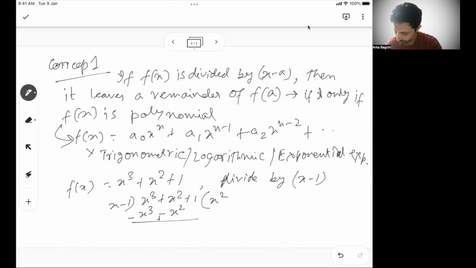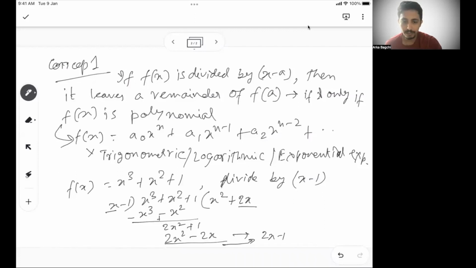With a minus sign, it will become 2x square plus 1. Now we multiply by 2x, so 2x into x will give me 2x square minus 2x.